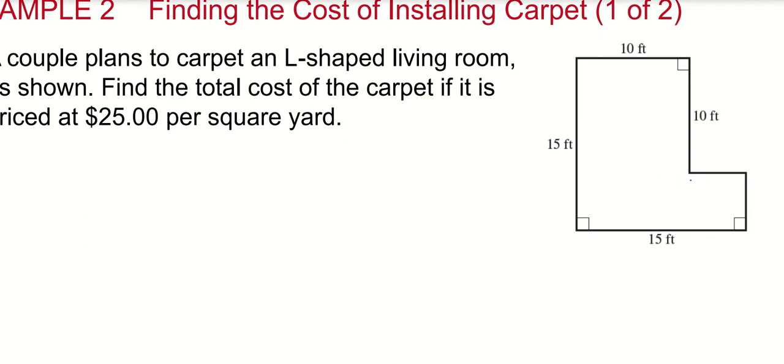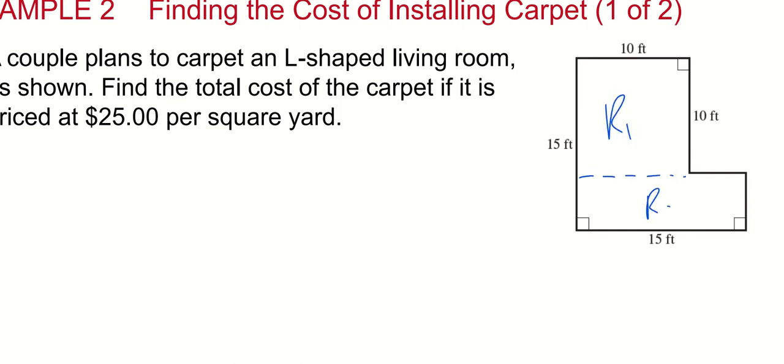So I could also subdivide the room like this, in which case I'd have a left rectangle and a right rectangle. The idea is that if I find the areas of each of those individual rectangles and add them together, that would give me the total area of the room. I think the way that most people would split this apart would be using this approach. So that's the way I'll do it.